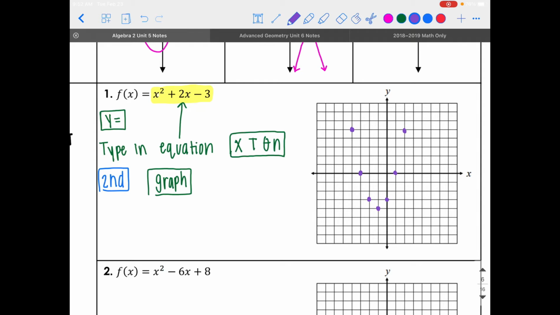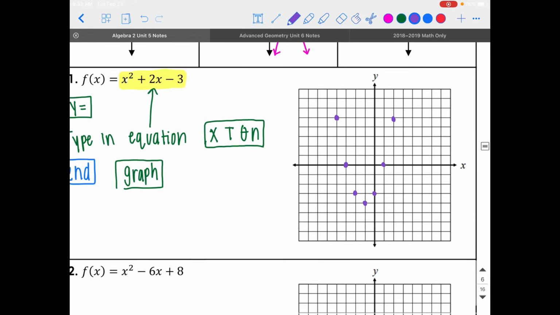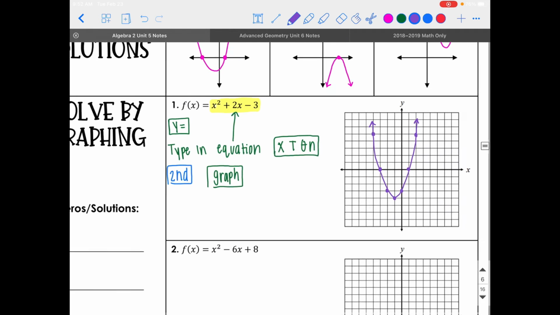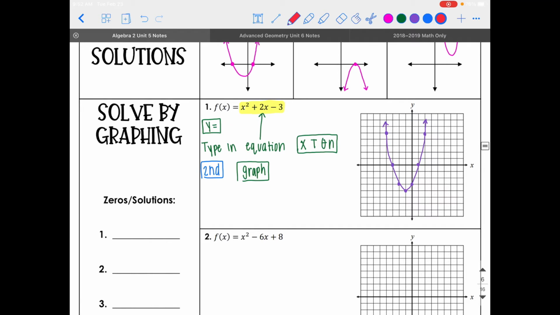So make sure that you are able to go in and actually find the table. Don't just take what I'm telling you and jot it down. Actually use a calculator to go find the table. And then we can draw in the parabola. And remember, we are looking for the x-intercepts.